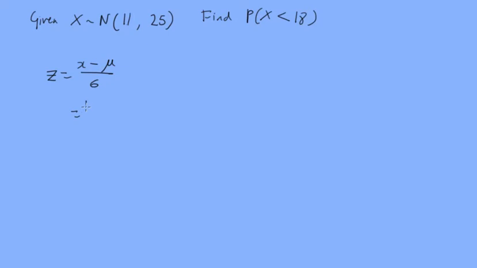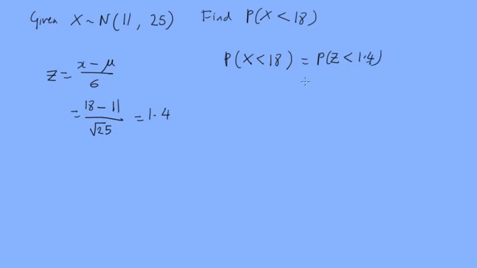So that's going to be 18 minus 11 over the root of 25. And if we do that, we get 1.4.